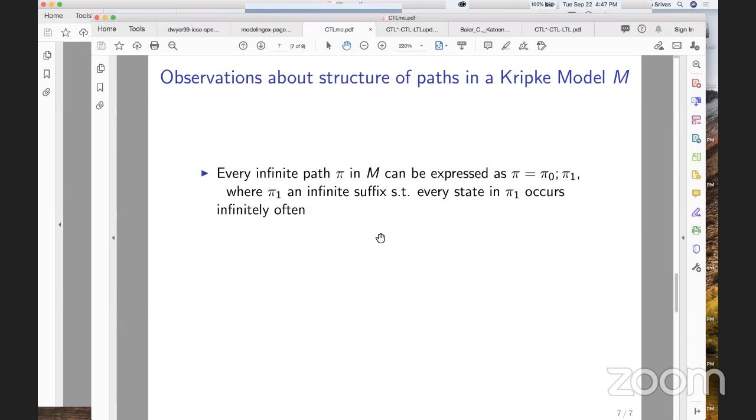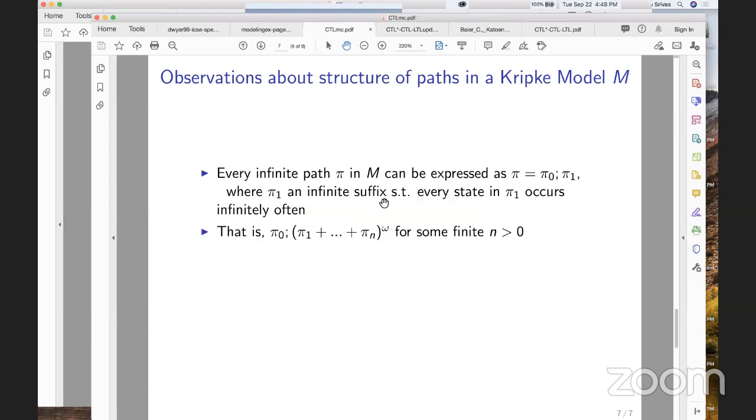This is what I meant: every path of a finite state system can be expressed in this fashion.